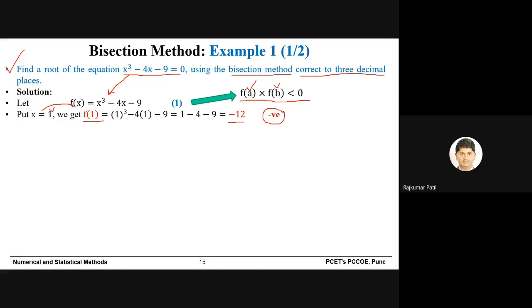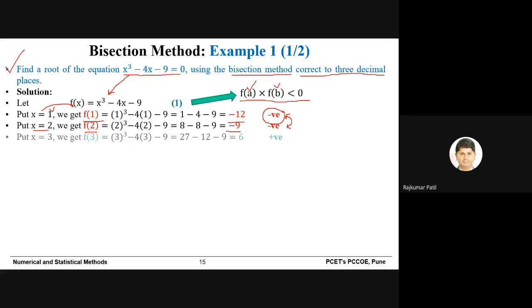We will take 2, 3, and we will check when you will get f of x as positive. So again put x is equal to 2 in the equation, and you will get minus 9 as an answer. So negative sign. So you can say that the root is not between 1 and 2, because both give negative answers for the function.